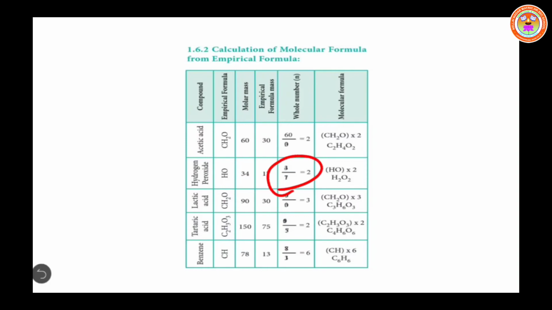Molar mass is 34, empirical formula mass is 17. Children, 34 divided by 17 is equal to 2. So N value is 2. Molecular formula equals empirical formula HO into N value 2, which is H2O2. Therefore the molecular formula of hydrogen peroxide is H2O2.